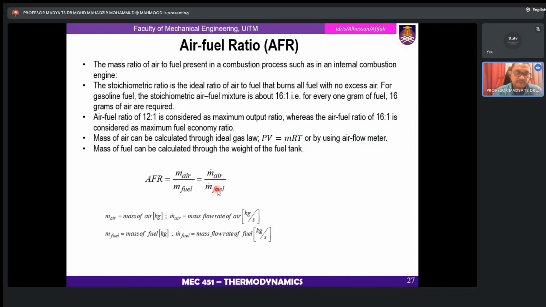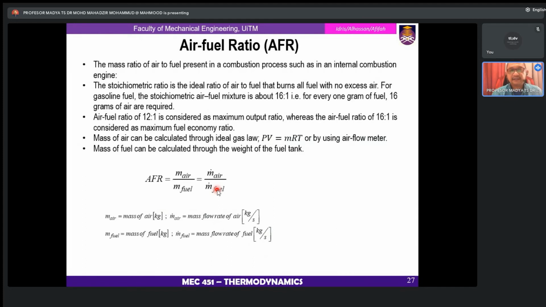The air fuel ratio of 12 is considered the maximum output ratio, whereas the air fuel ratio of 16 is considered the maximum fuel economy ratio. This is from experiments that have been done, so this is the optimum ratio for air and fuel.